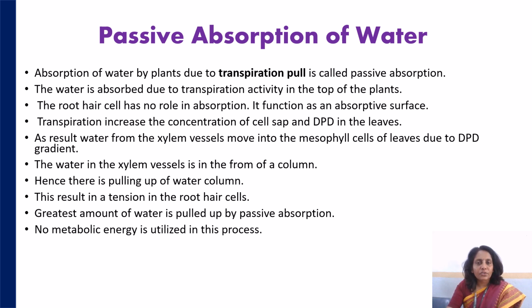Due to heavy transpiration, there is an internal water deficit created in the intercellular spaces of the leaf, which creates a kind of tension in the leaves, which gets transmitted through the xylem column, and this tension reaches even up to the root hairs.